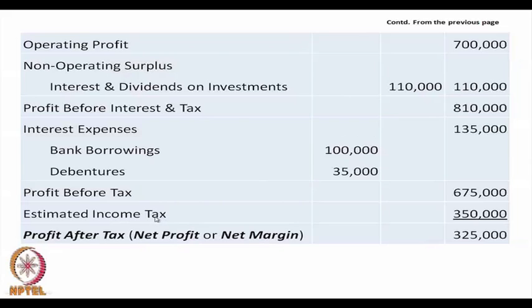The income tax, let us say in this case, is 350,000 rupees. Then subtracting the income tax from profit before tax, we get what is called net profit or net margin or profit after tax. 325,000 rupees is what the company is left with.